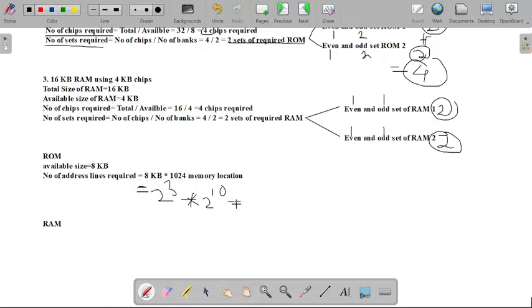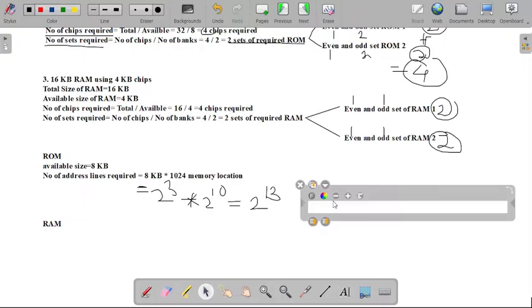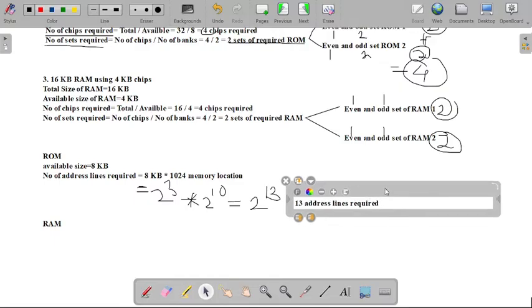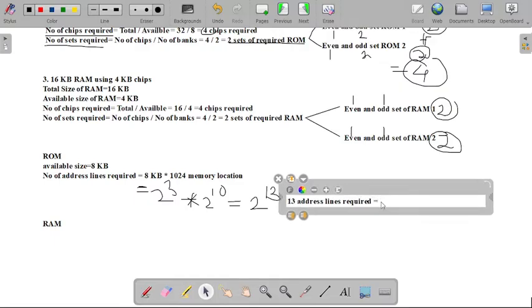So 2 raised to 3 into 2 raised to 10 is nothing but 2 raised to 13. So there are 13 address lines required, and the names of the address lines will be A1 to A13.